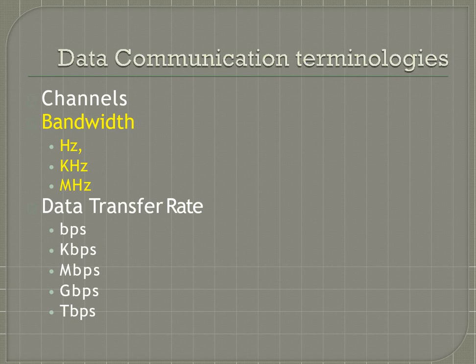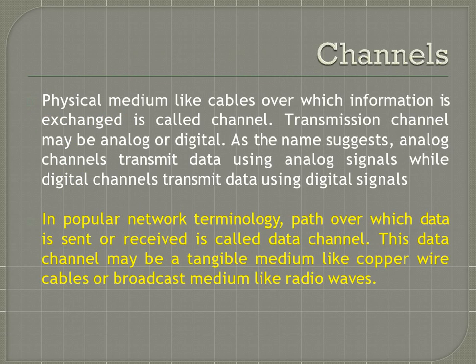Now let's see channels. I told you what a channel is. It is a physical medium like cables over which information is exchanged. The transmission of information can be analog as well as digital. An analog channel transmits data using analog signals, while a digital channel transmits data using digital signals. The path over which the data is sent or received is known as a data channel.